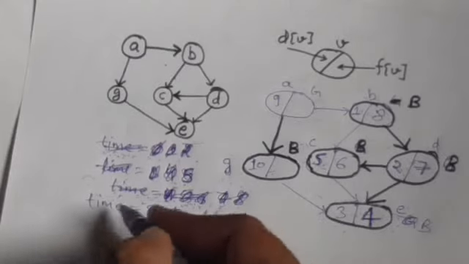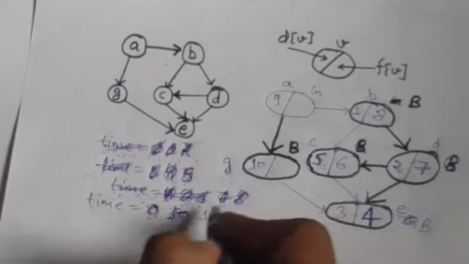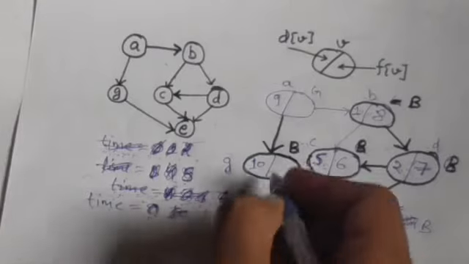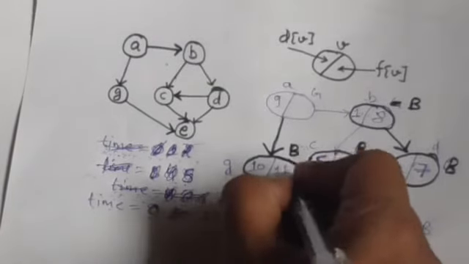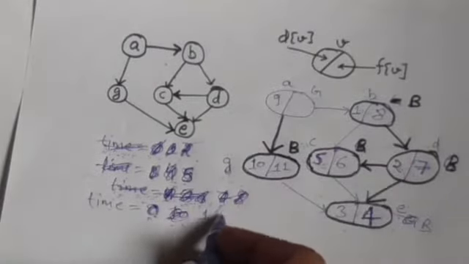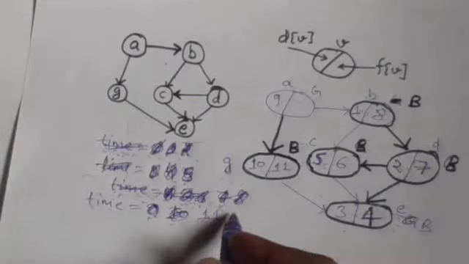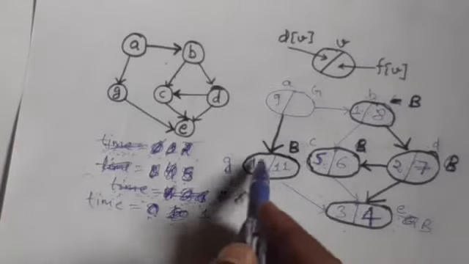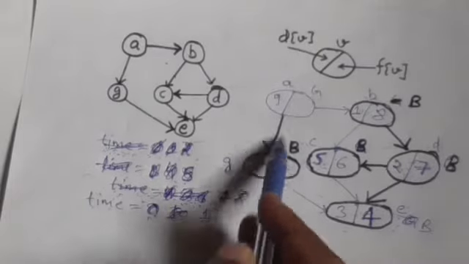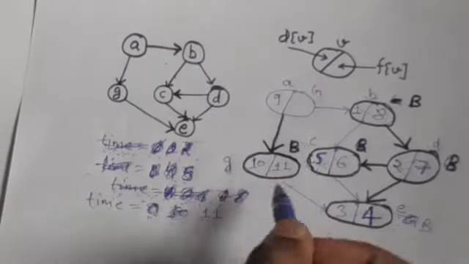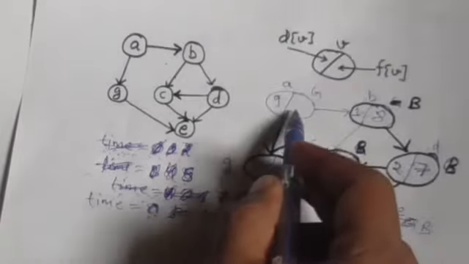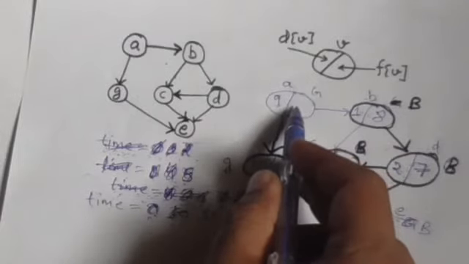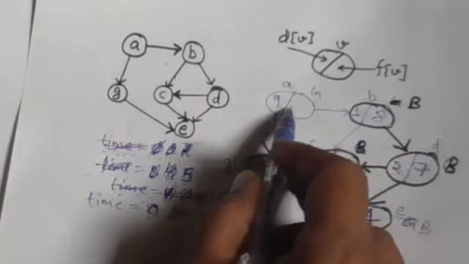Now this value of variable time will be set as the finishing time of vertex G. Right. Now after this we will backtrack to vertex A. Right. Now we will check whether vertex A has any white adjacent vertex or not.